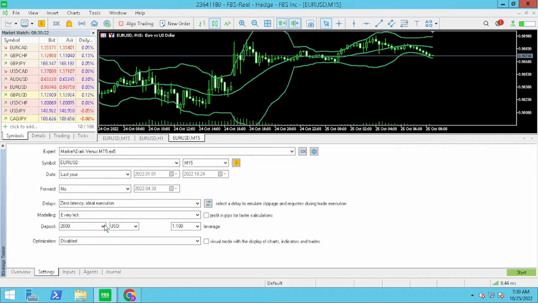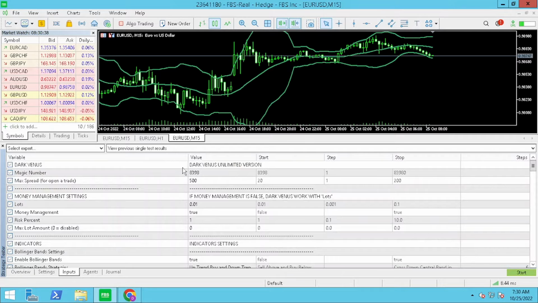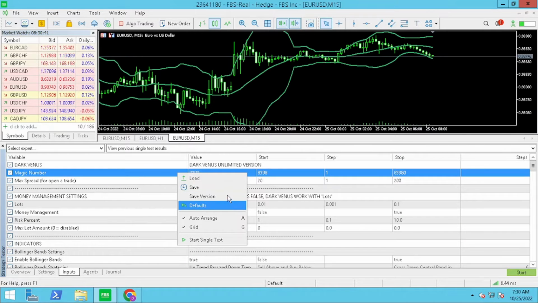To test the set files, I'm going to load them from the desktop where they've been saved. You can adjust your own input parameters according to your own trading balance. So under Inputs, I will now load the set file from the desktop. To do this, I'm going to select Load.